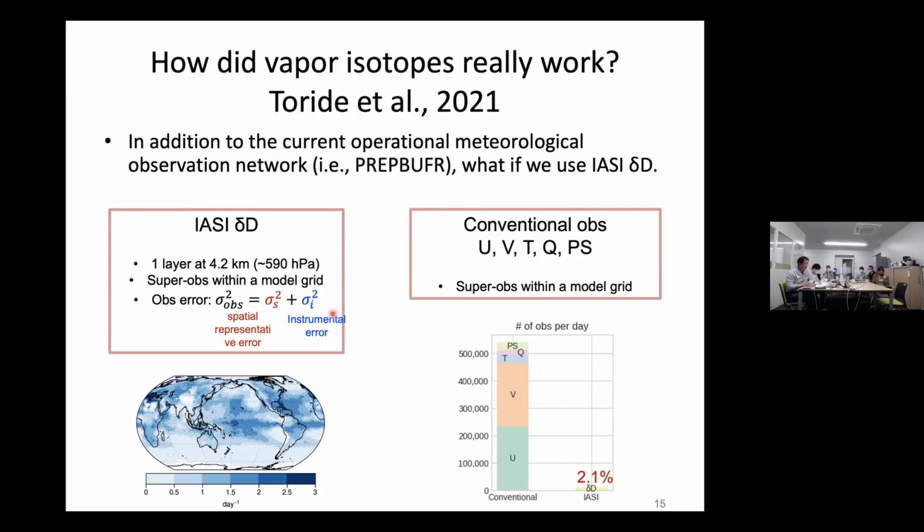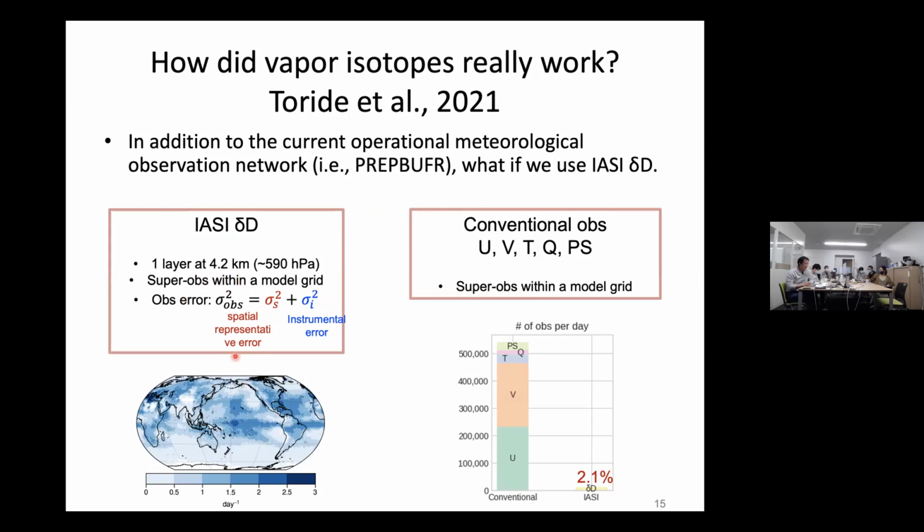And in addition to PREPBUFR, we use ERC measurements. As I showed before, ERC delta D has the highest sensitivity at 4.2 kilometers in the mid-troposphere.